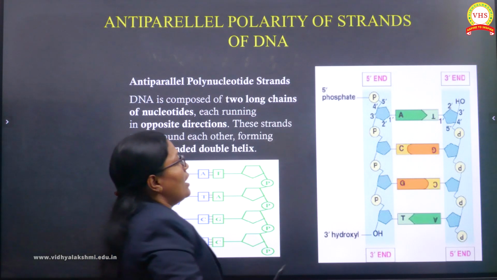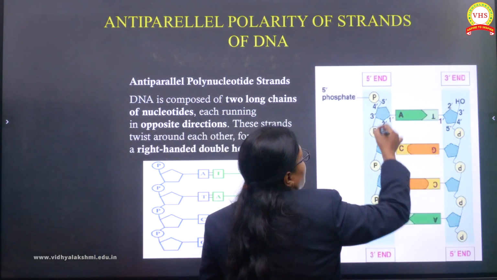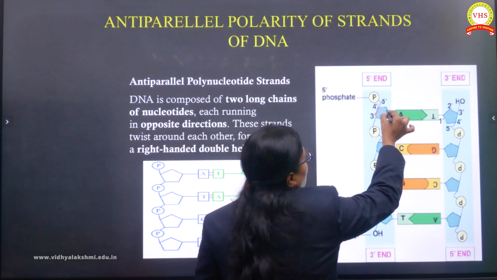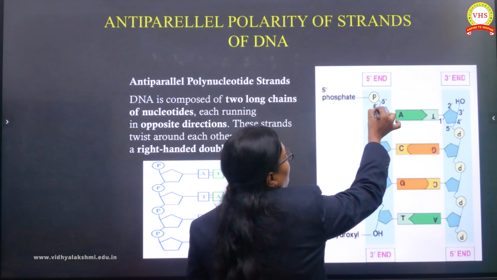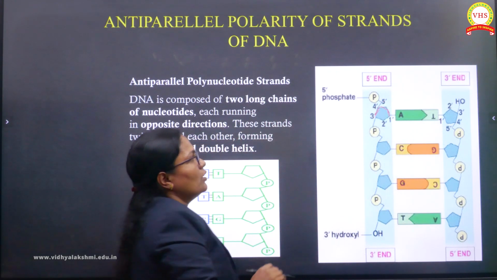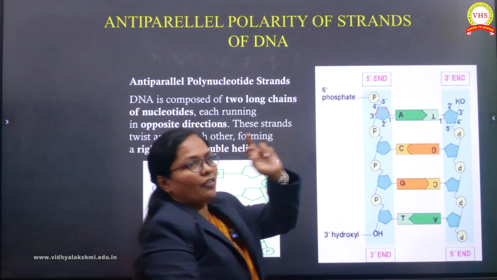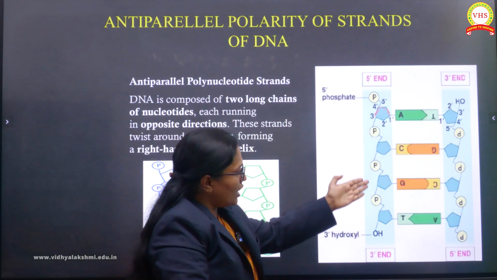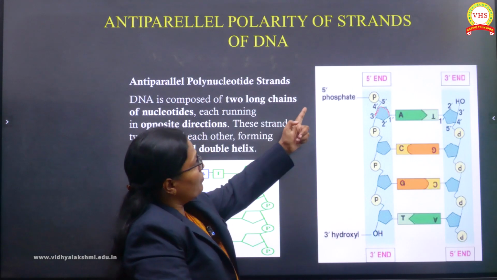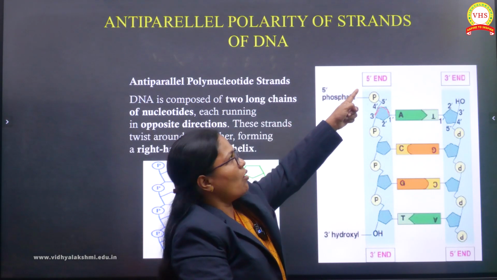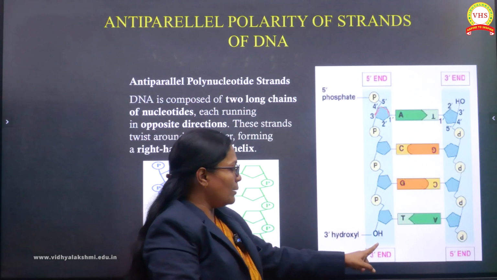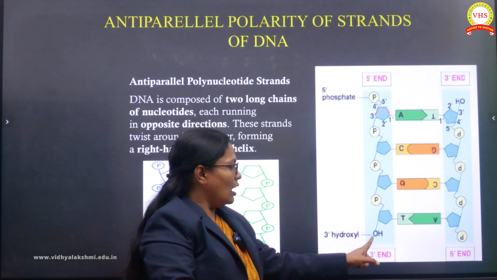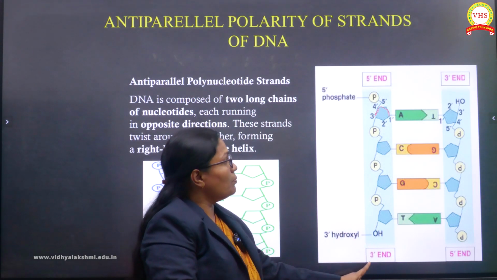In the first strand, the sugar is kept like this: first carbon, second carbon, third carbon, fourth carbon and fifth carbon. On the fifth carbon, 5 prime. When the sugars are arranged serially like this, this is the 5 prime end on top where the phosphate group is attached, and the 3 prime end, where the hydroxyl group is attached, is here.